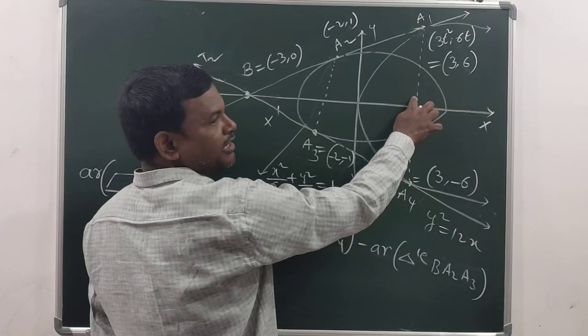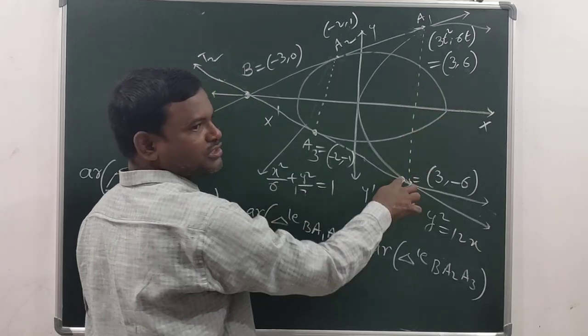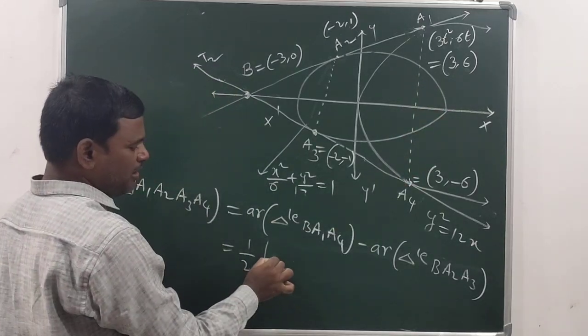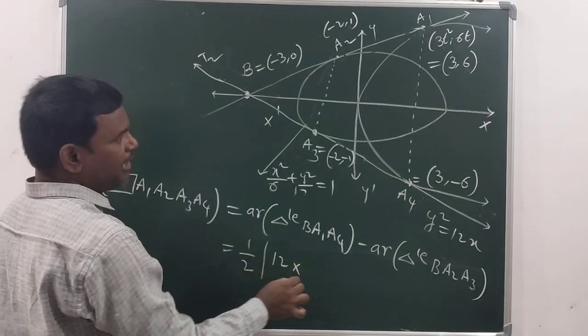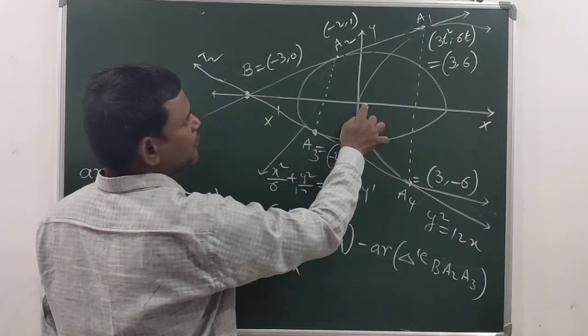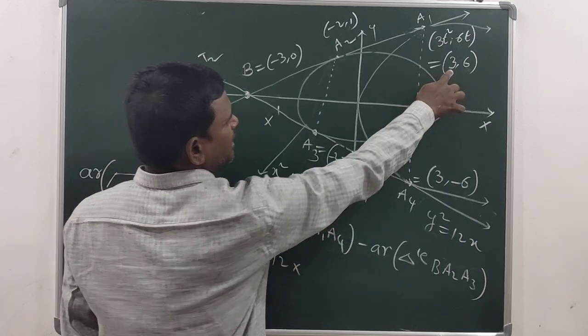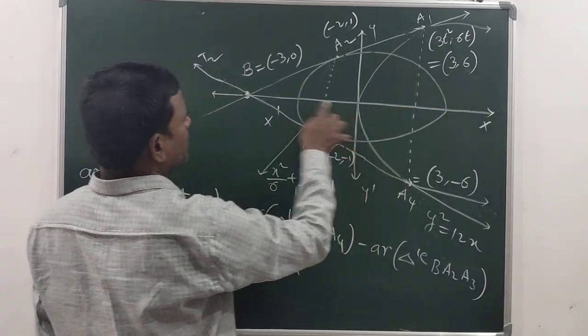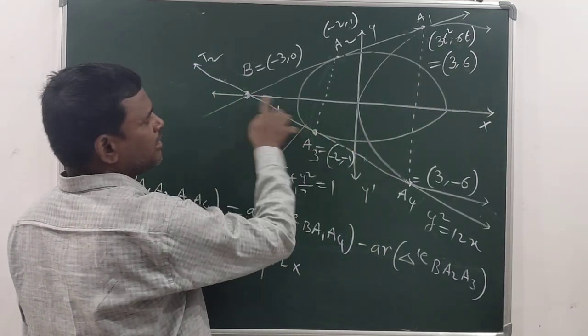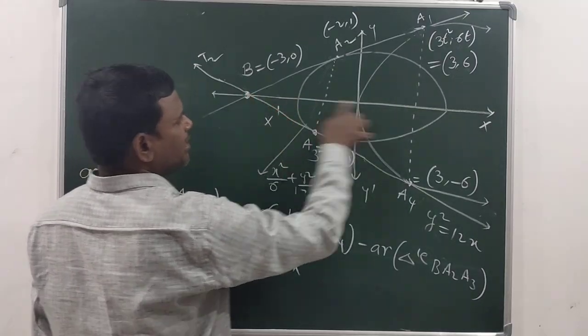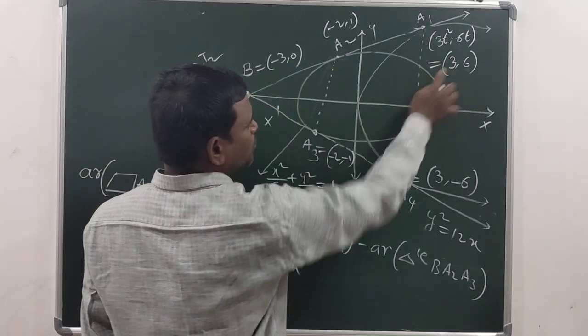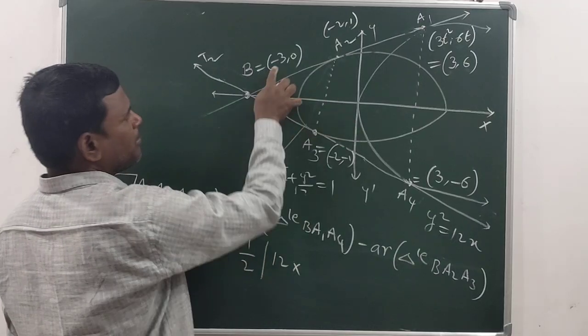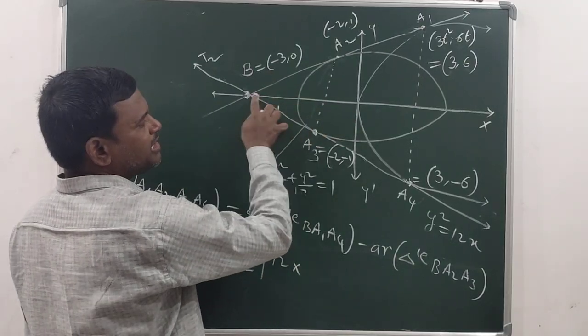See here ordinate y coordinate, from here to here also 6. So then area will be 1 by 2 base into height. Go to the height. So from here to here, see here 3. From here to here 3. So total height of this triangle will be from here to here, see here x coordinate 3. From here to here minus 3, but length you have to consider as 3.